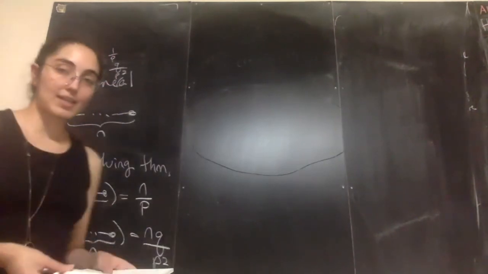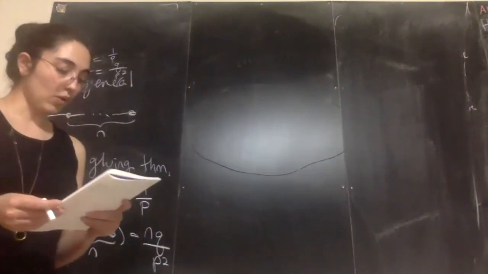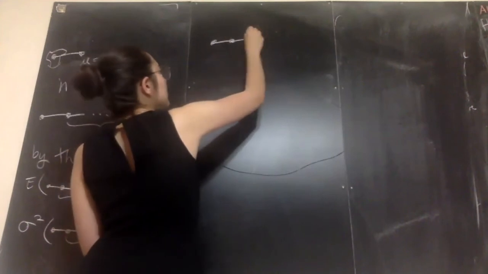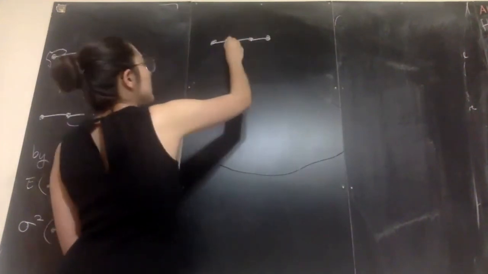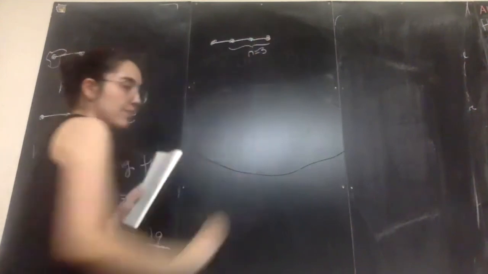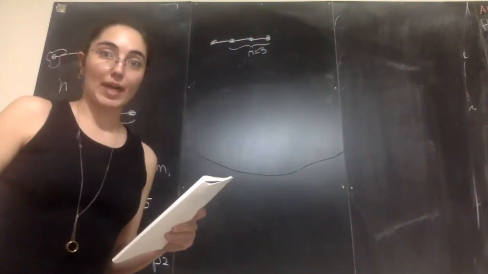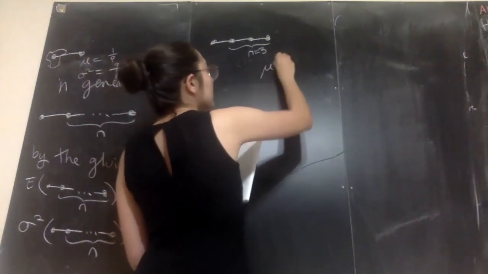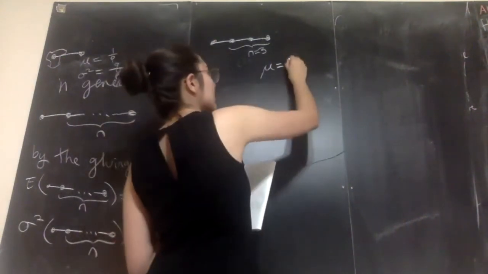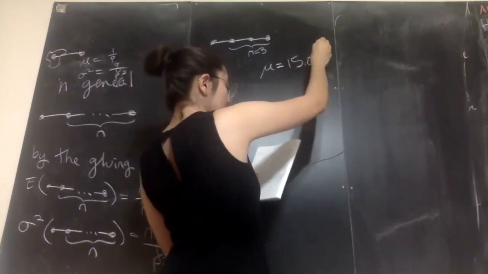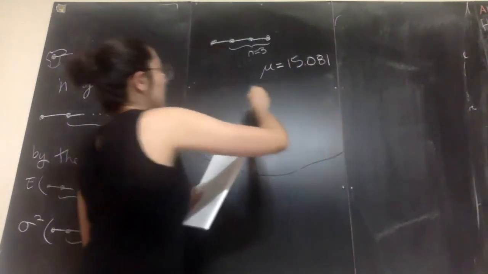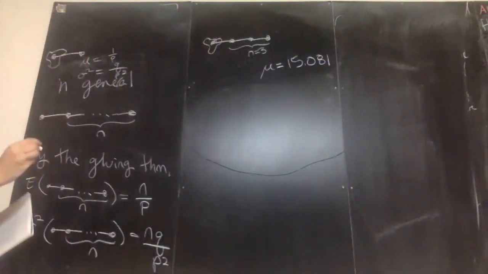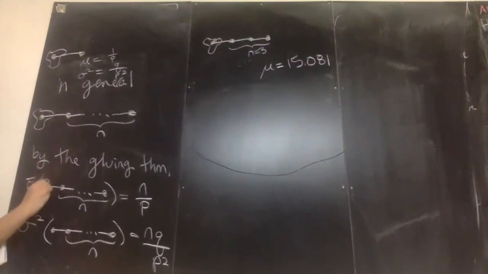So the variance of this same general line graph is equal to nq over p squared. In fact, when we calculated this, we did an example of n equals 3, and we put it through our program, and we found the mean that we found in the program was 15.081 for this graph starting on the end.